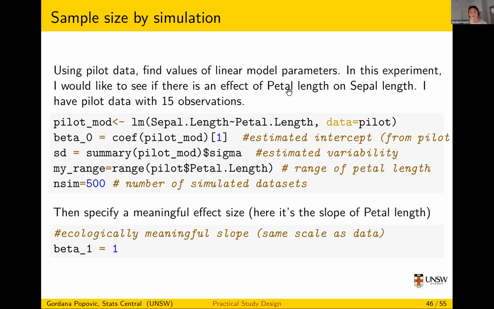This is the length of the petal of the flower, and this is the length of the sepal of the flower. My pilot data has 15 observations. So I get my pilot data with 15 observations and I fit the model that I'm going to fit in the end to my complete data set. So the exact same model, the exact same analysis that I'm going to do. And I do that.